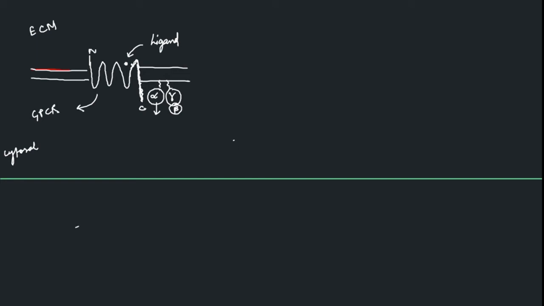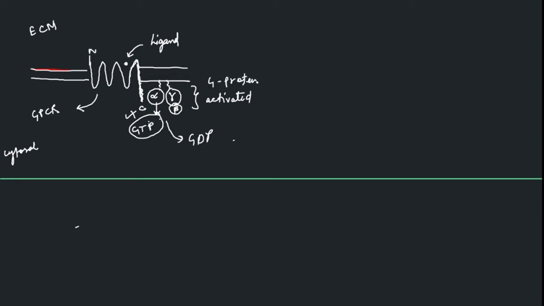Once the ligand has bound and the GPCR gets activated, now the GDP is removed and the GTP is bound over here, and then the G protein gets activated, right? This is the G protein.